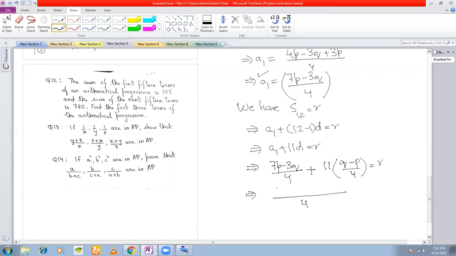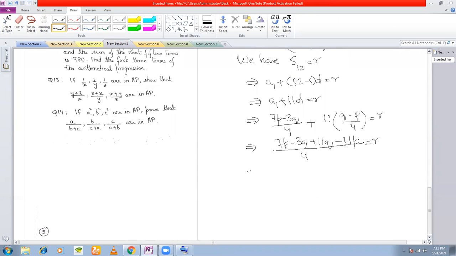If I take the LCM, I'll get 7P minus 3Q plus 11Q minus 11P is equal to R. That means R is equal to 7P minus 11P, which gives minus 4P, and minus 3Q plus 11Q gives 8Q, divided by 4.